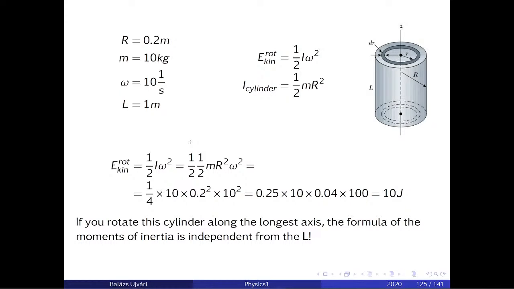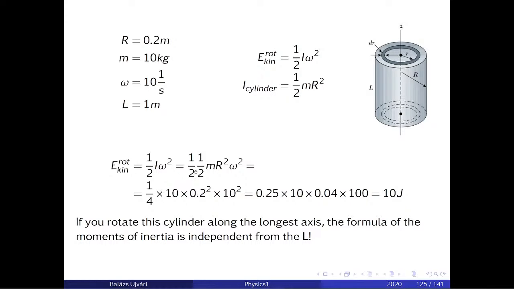Let's calculate something. For example, at 0.2 meter r, the mass is 10 kilogram, omega is 10, 1 over s. We know the rotational kinetic energy is 1 over 2 I omega square. This is the body, and the moment of inertia of the cylinder is 1 over 2 mr square.